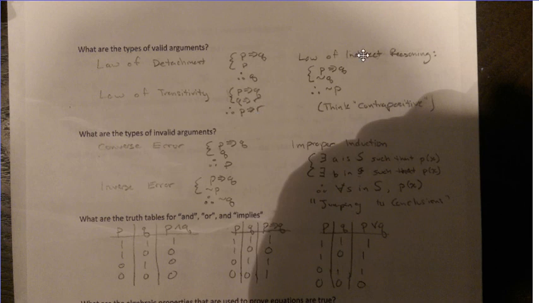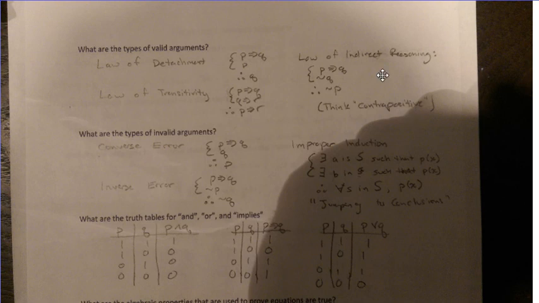The last one is the law of indirect reasoning. So our premises are P implies Q and not Q. Those are our two premises in this one. Therefore, not P would be the conclusion. Again, I have this note here: think contrapositive.